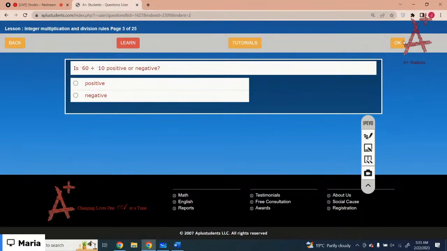Both the numbers have the same sign. Both the numbers are negative. If both the numbers are negative, the answer must be positive. So the correct option is positive.